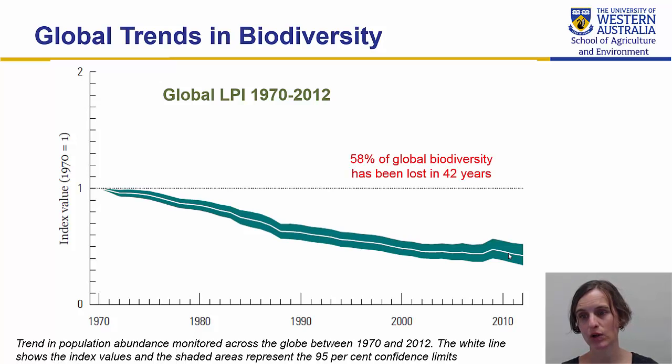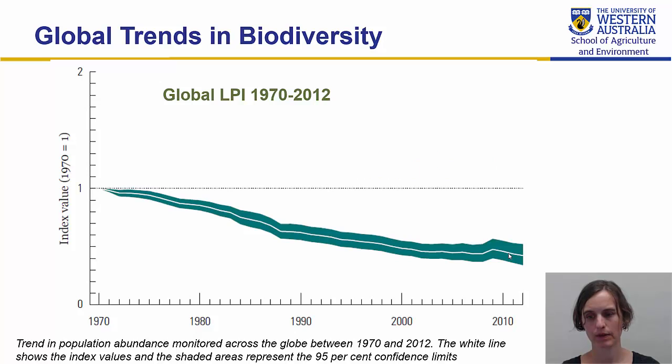In fact, we've lost 58% of our global biodiversity in those 42 years of data collection. That's massive. So in this graph, you can see multiple things. You can see the decline, but you can also see this spread.